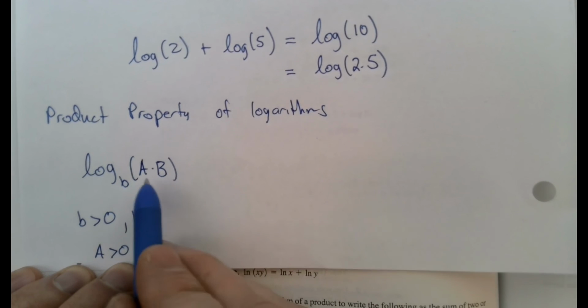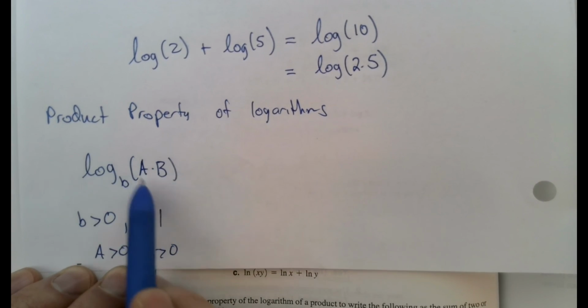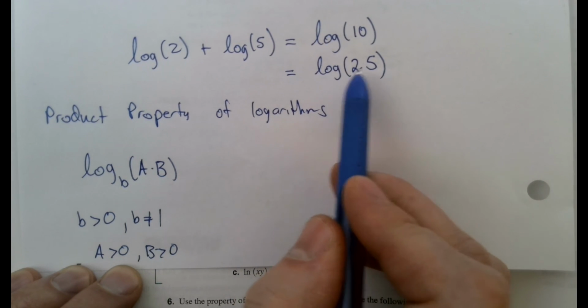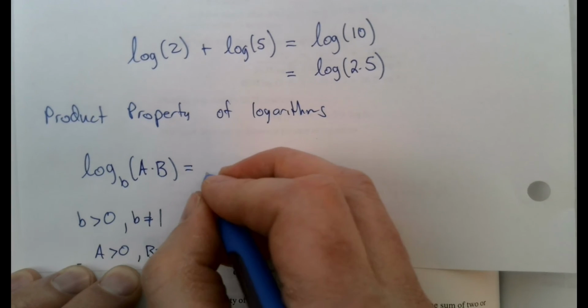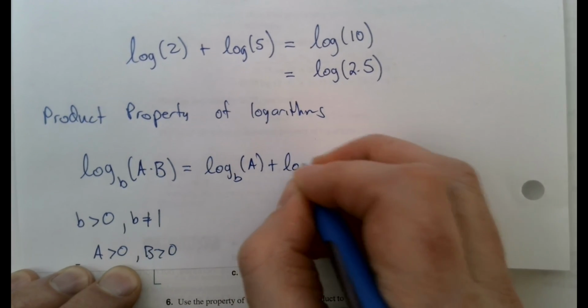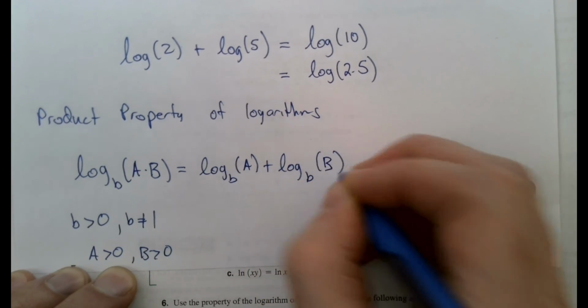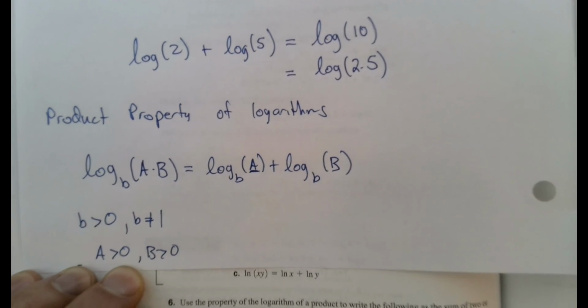So the reason we have to state this is we could have two negative numbers in here. So we could have done -2 and -5. That's positive 10. But if that were true, then this statement would not be true, that log of the individual ones added together is equal to the product. That's because we wouldn't be able to evaluate this if a was a negative number.